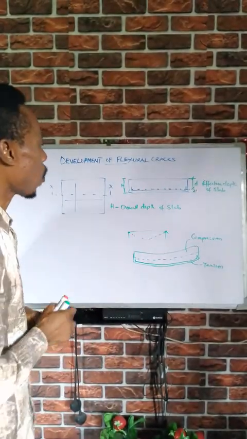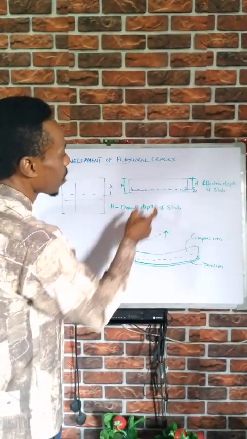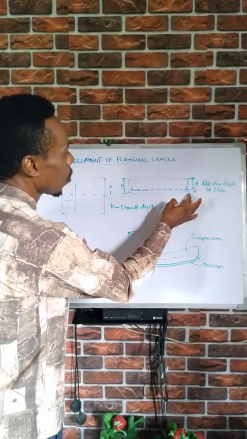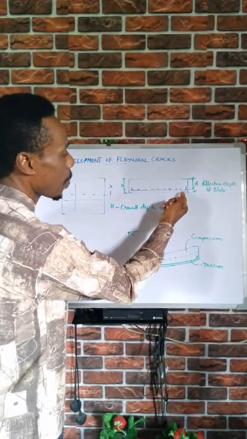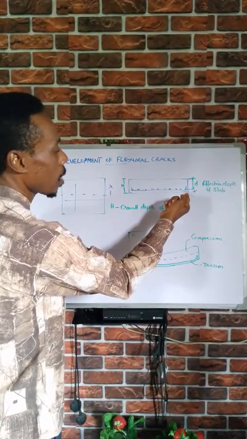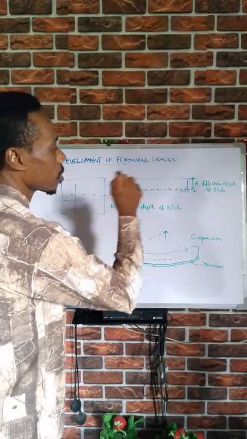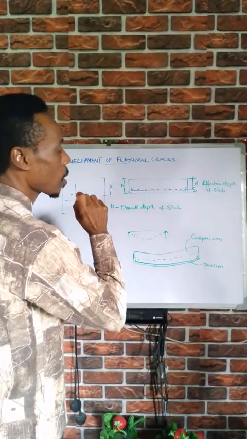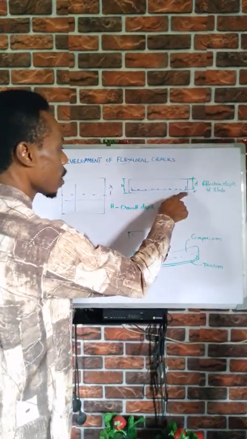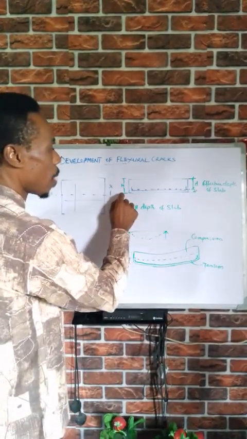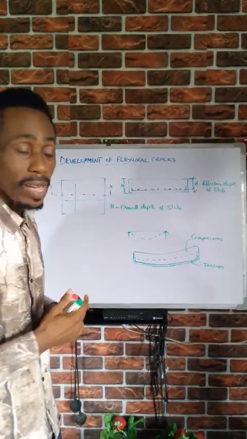In our slab, the reinforcements are placed such that you have to deduct half of the diameter of your bar and the concrete cover from the overall height. That will give you the effective depth of our slab.